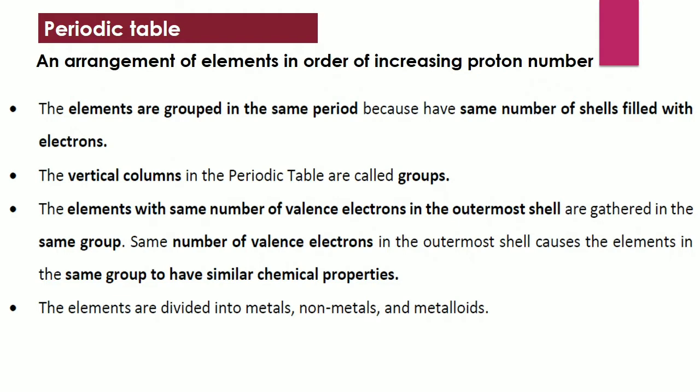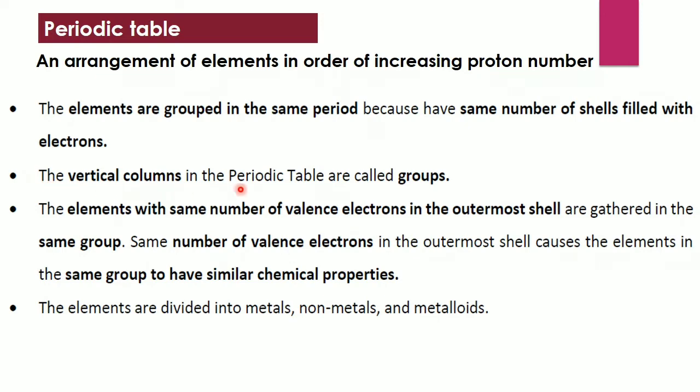The periodic table is an arrangement of elements in order of increasing proton number. Elements are grouped in the same period because they have the same number of shells filled with electrons. For example, across period 3, the elements all have 3 shells.